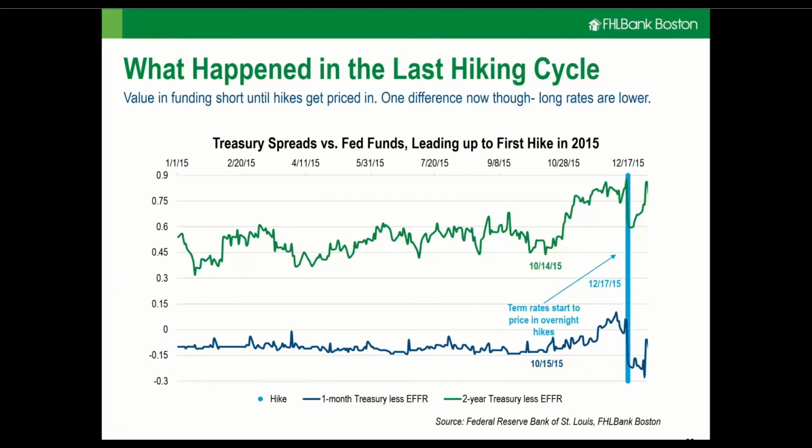One thing to consider as we get into Fed watching with the taper as well as rate hike timing, the curve can tell us a lot about when the hikes may be coming and when rates are going to rise. Back in 2015, about 2 months out from the eventual first hike, the 1 month and 2 year Treasuries started to widen versus overnight Fed funds, essentially pricing in that first hike.